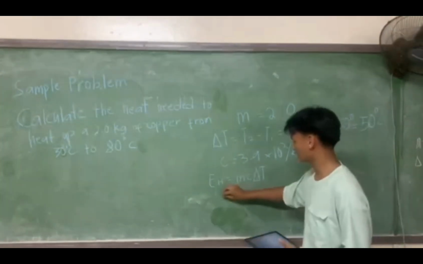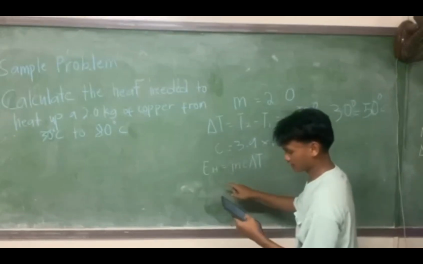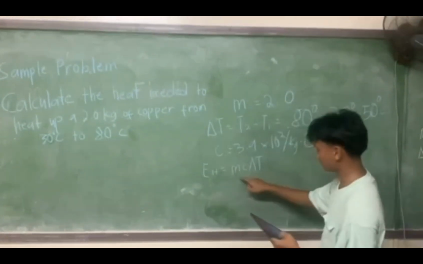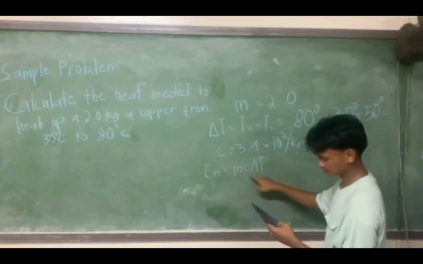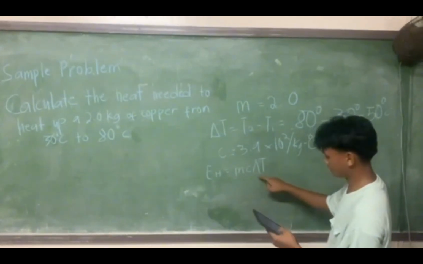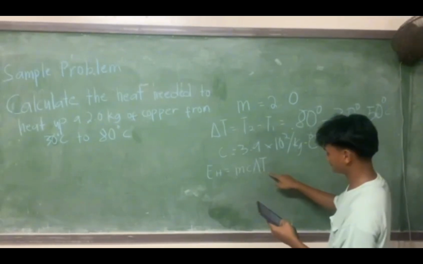This is the formula. Heat energy equals m, mass, c, specific heat capacity, and delta T, the temperature change.